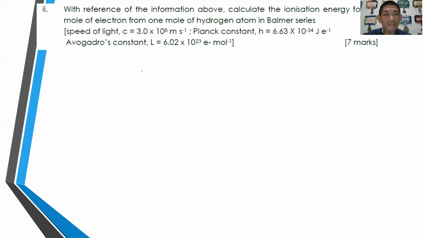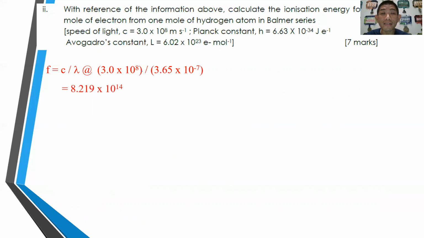Then number 5b2, with the reference of the information, calculate the ionization energy when 1 mole of hydrogen atom is in the Balmer series. This question closely resembles question number 1 that we discussed earlier. So use f equals c over lambda, since you want the ionization energy, so you have to calculate accordingly.